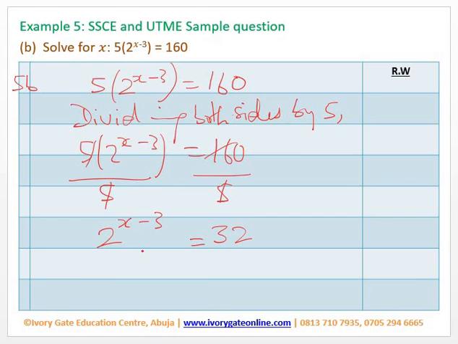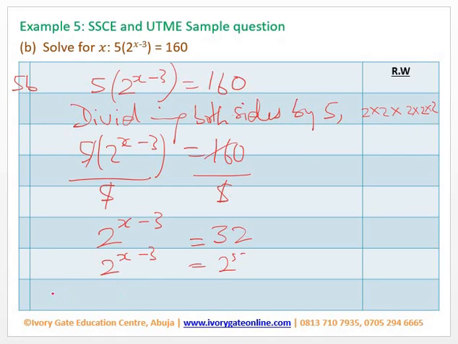Then the next thing we need to look at is, can we reduce 32 to a number in base 2? Yes. It will be 2 times 2 times 2 times 2, that is 16 times 2, 32. So 1, 2, 3, 4, 5. So we have 2 raised to power x minus 3 is equal to 2 raised to power 5.